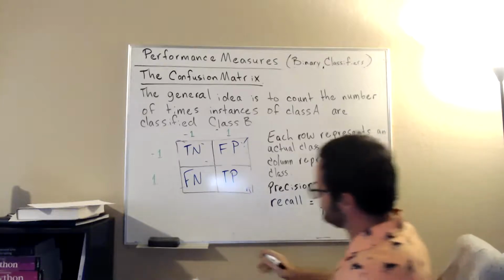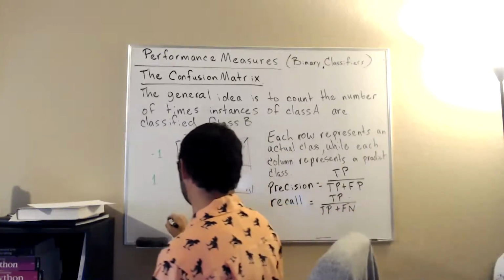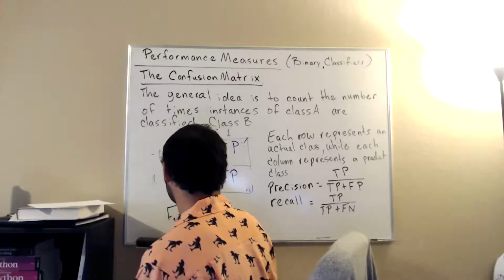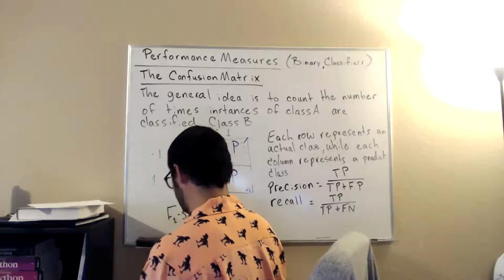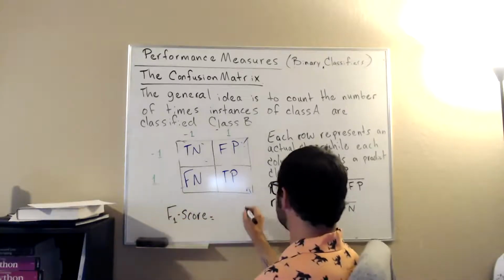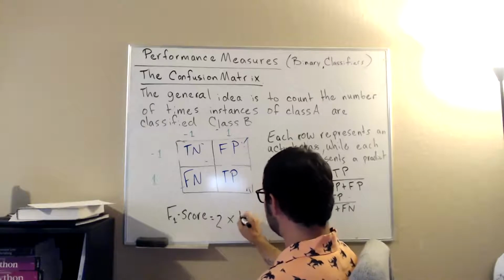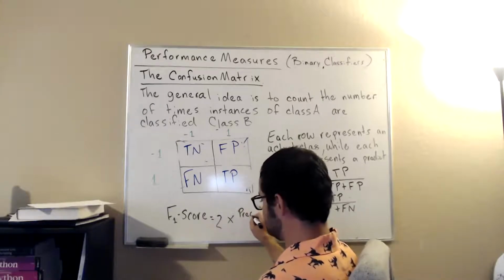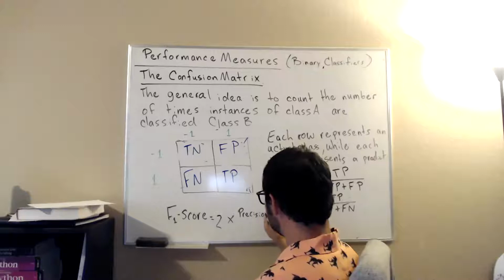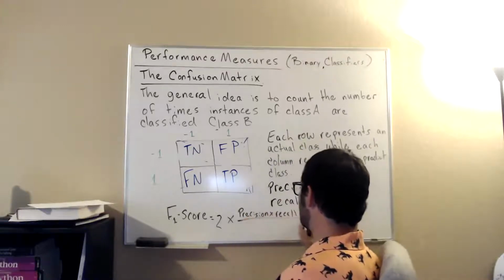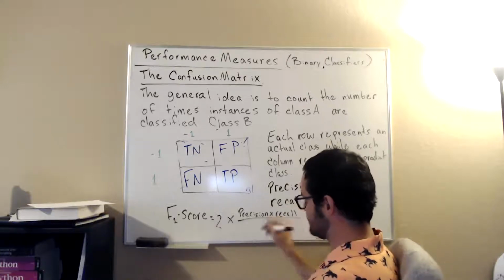And then finally, we have what's called our F1 score, which is equal to 2 times the precision times the recall, all over the precision plus the recall.